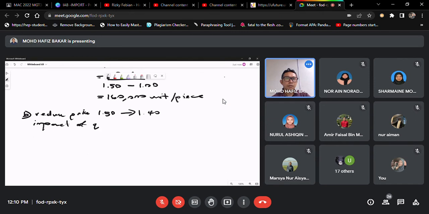Impact on quantity, dia punya break even in units. Okay, so we can use the same formula. The difference is the price. Price per unit you need to change to RM1.40.